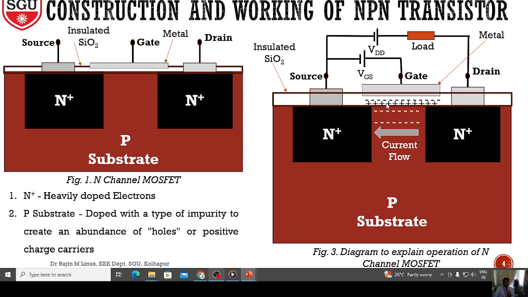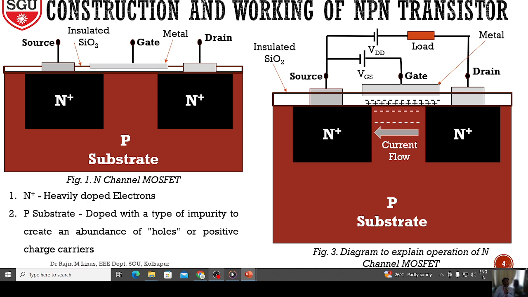If we increase the gate voltage further, the voltage across the gate and the body of the semiconductor will automatically increase. This voltage will help to attract more electrons.